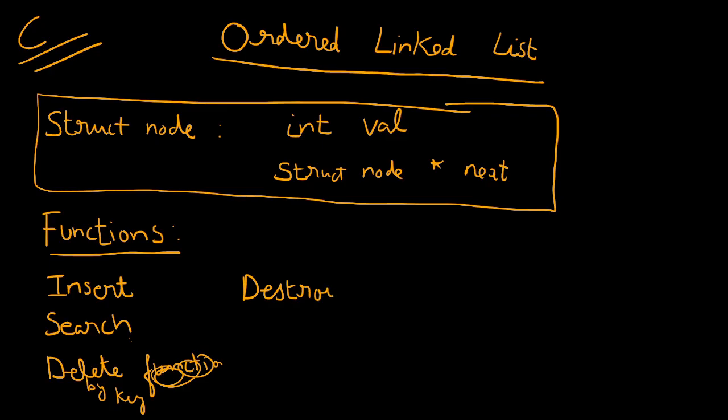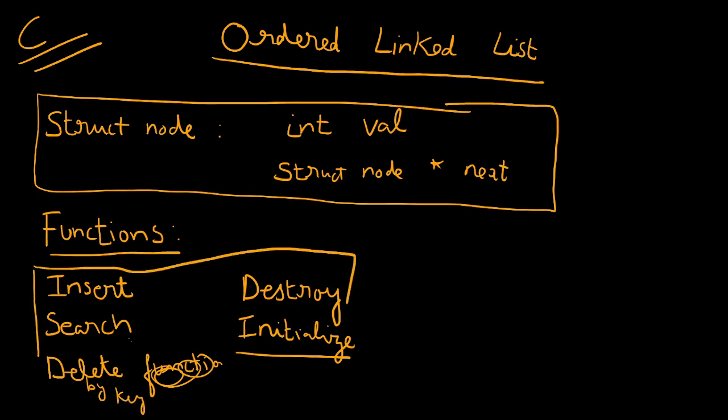After we're done with it, we'll get rid of the entire linked list. Insert, search, delete, destroy. The other main one is initializing, which I did do. Initialize should ideally be the first function, but fine. I'm going to first show the logic behind each function, and then implement it in C.